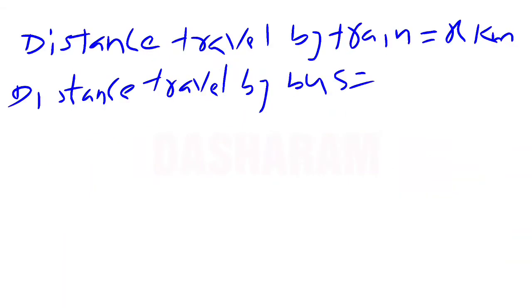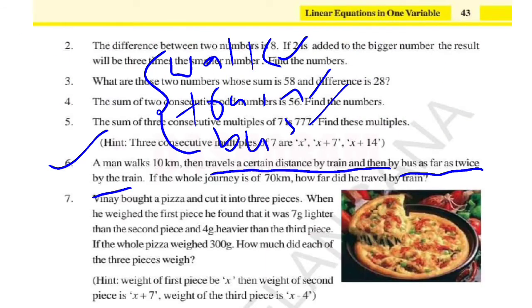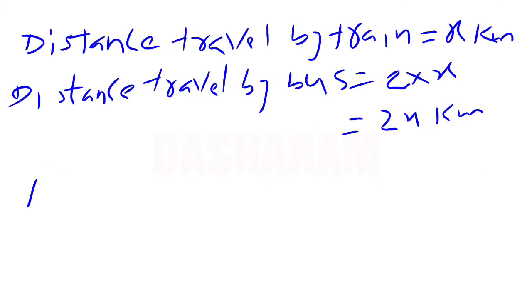So 2 into x equals 2x kilometers. But total journey is 70 kilometers: by walk 10 kilometers, by train x kilometers and by bus 2x kilometers.